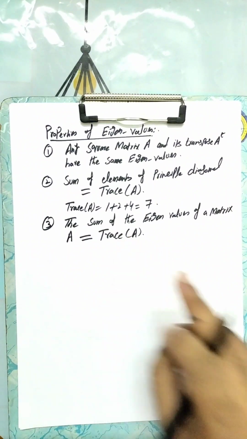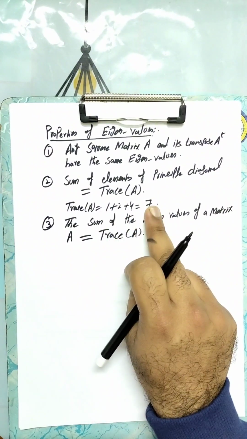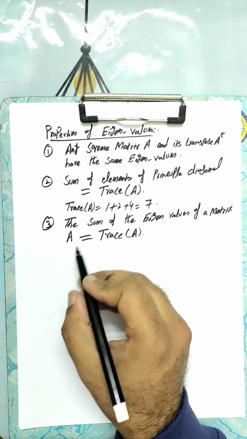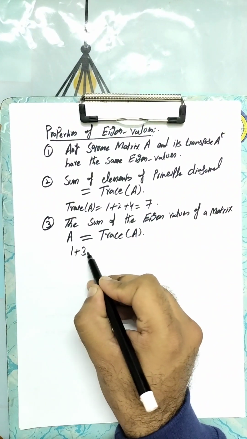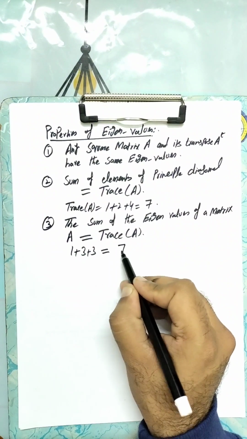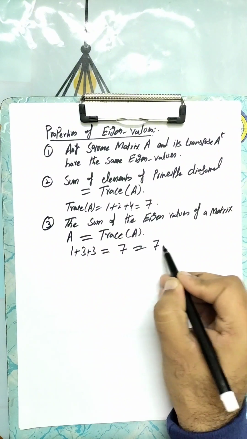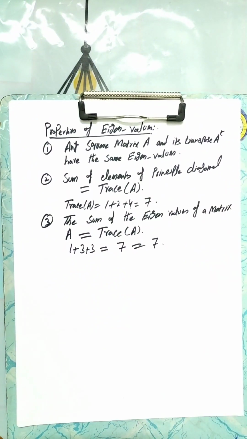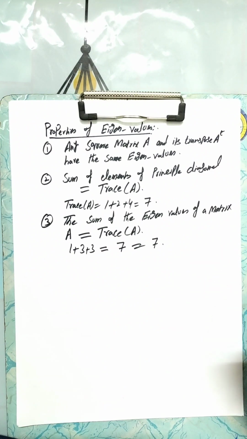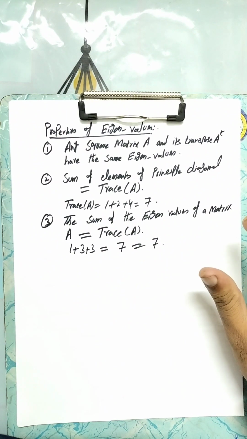So in our problem, the trace is 7, and in this problem, the eigenvalues are 1, 3, 3. So 3 plus 3 is 6 and 1, 7. So this is equal to 7, and trace of A is also 7. So using this property, we conclude that our eigenvalues are correct.